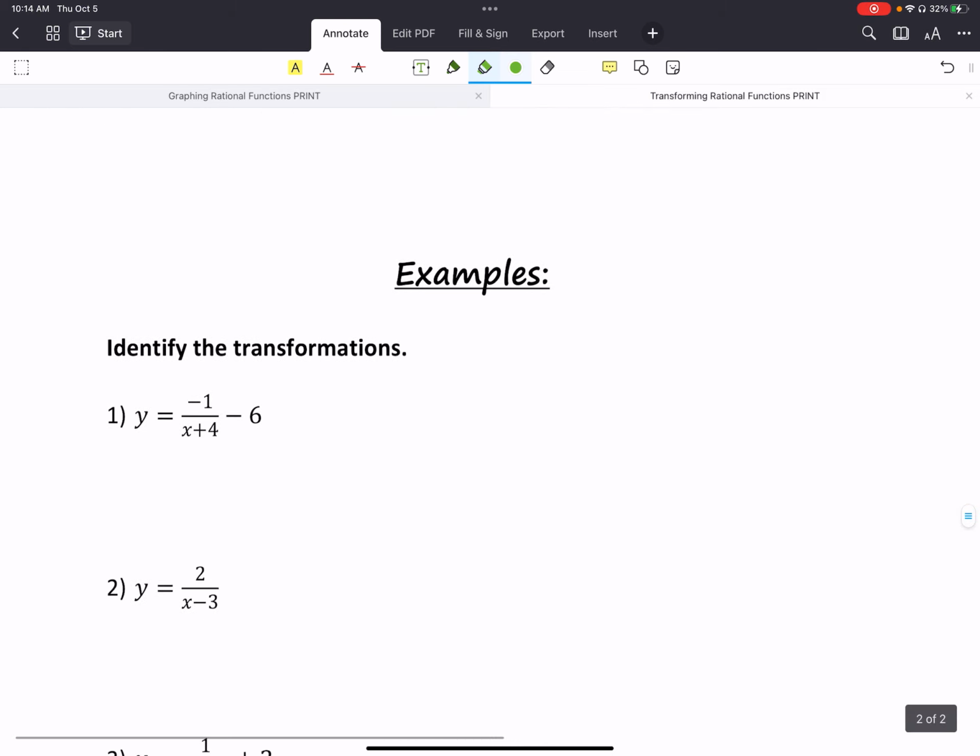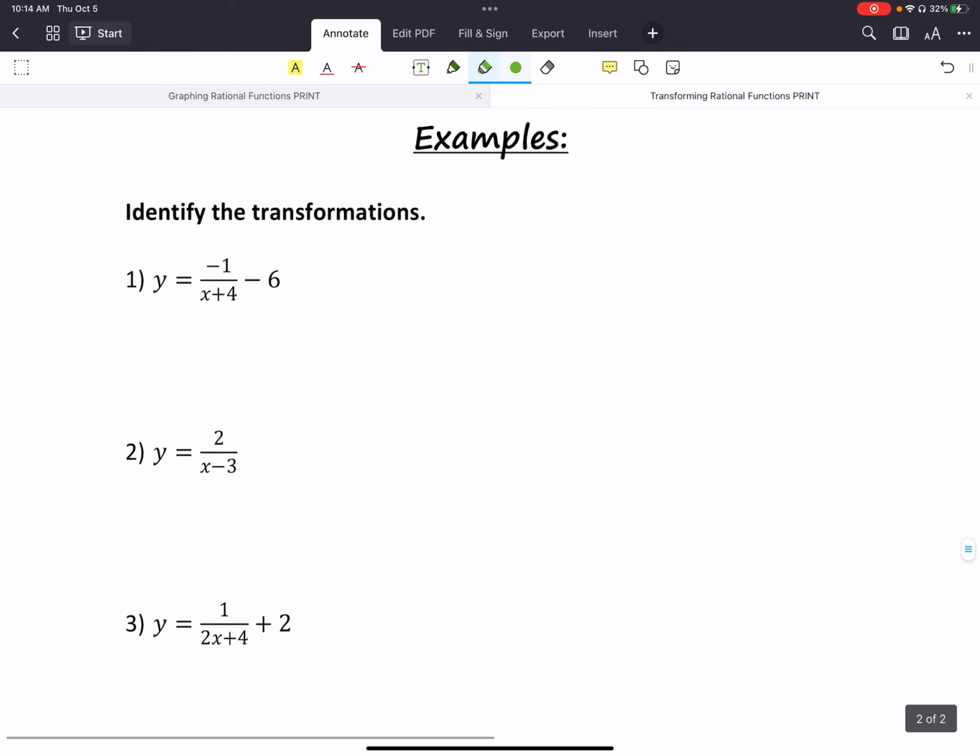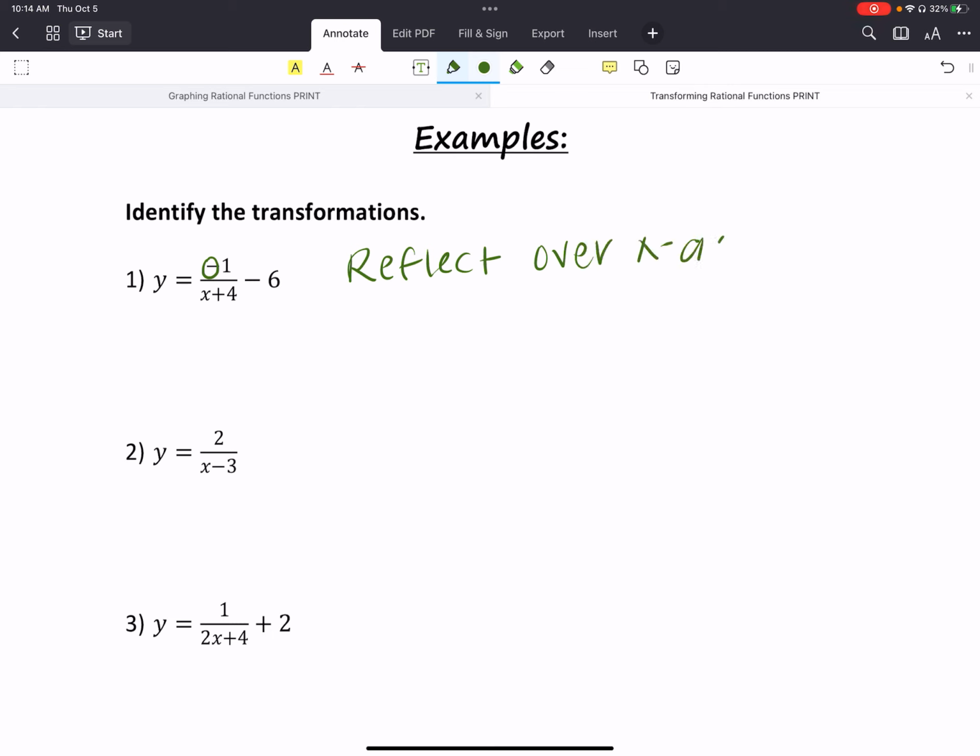So let's look at our first example. We have a negative in front right here, so that tells us it reflects over the x-axis. Then our numerator is 1, and there is not a coefficient in front of the x, so that means we do not have a compress or stretch.